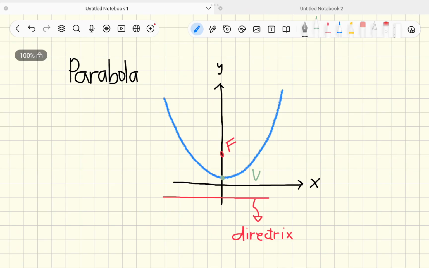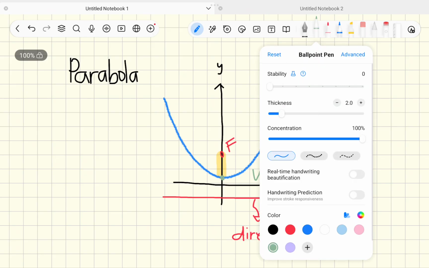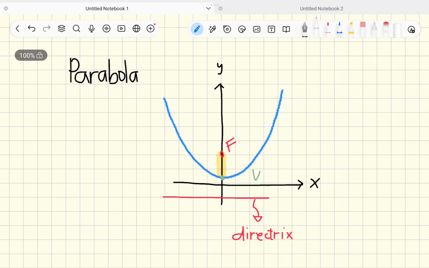Now from the vertex, there is a distance from your focus. The distance from the focus to the vertex is what defines your parameter, denoted by a.